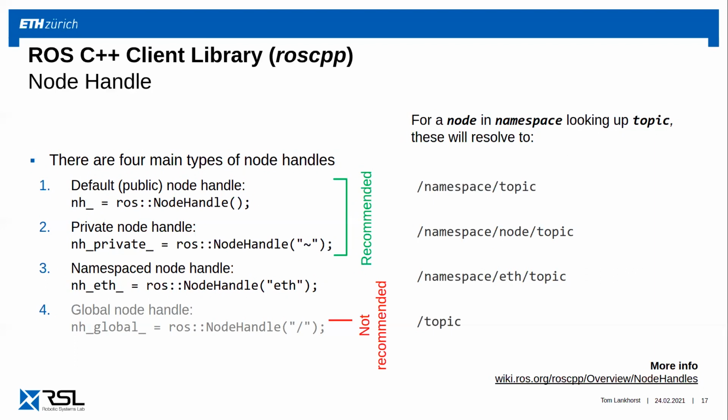So in this case, we will not search only in the namespace, but also in the sub-namespace called ETH. And here we see that if we use the global node handle and we are looking for a topic called topic, it will effectively resolve to /topic. So in that case, we are not able to use any namespaces to confine the node.